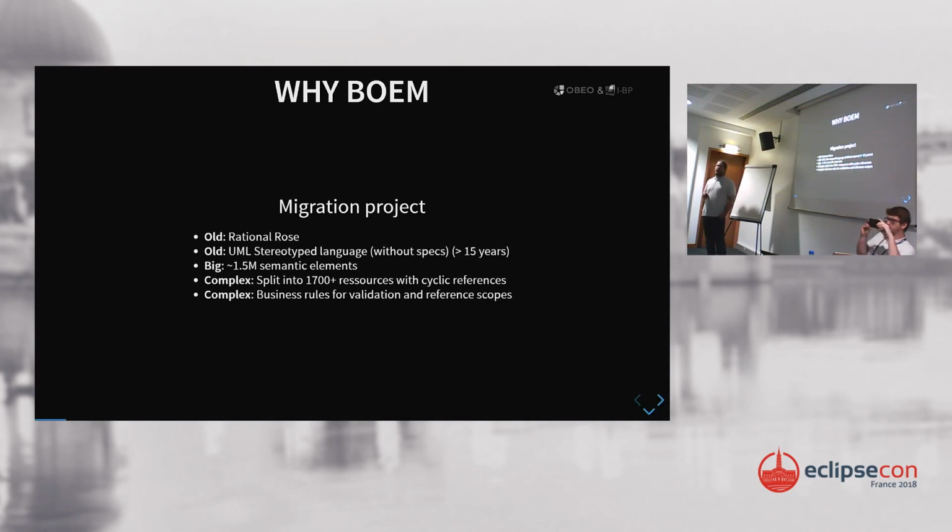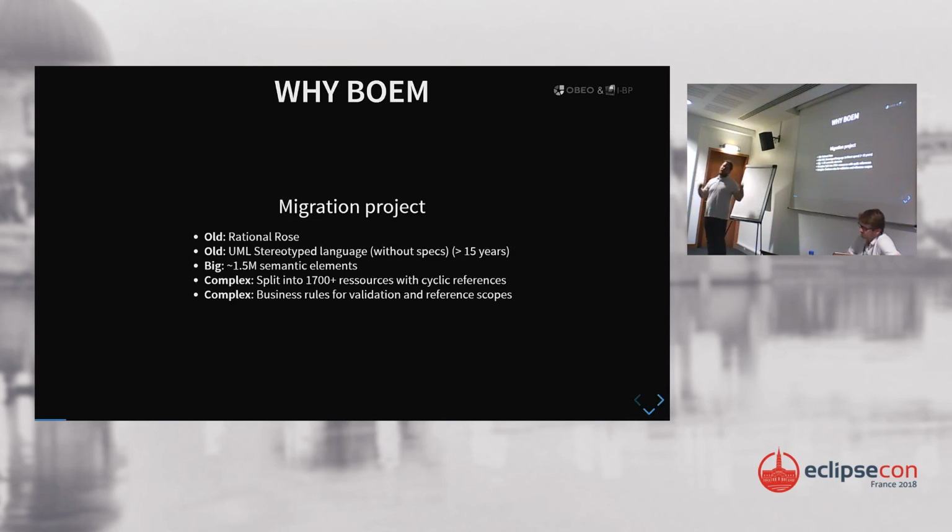We had a bit of problems. There were not as many specifications of that language as we would like to have. It's been in use for 15 years now, and there's a huge legacy of the models they have built during those 15 years. There are about 1.5 million semantic instances, split into a bit more than 1,700 resources.